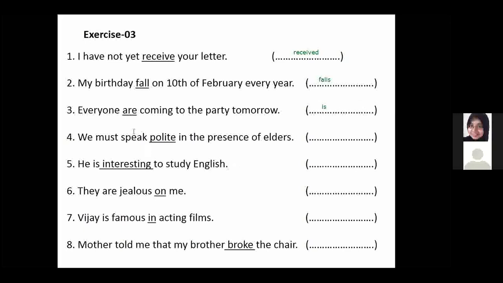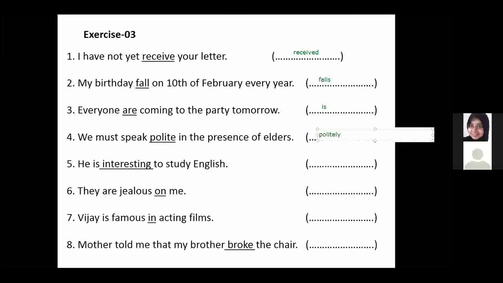Next one. We must speak polite in the presence of elders. Polite tells you how the action should be done. So what is the word class here? Adverb. Correct. So how do you form it? By adding a suffix, we already studied in the suffixes. So what is it?